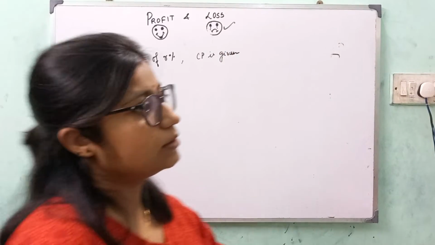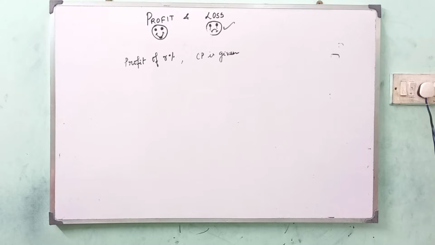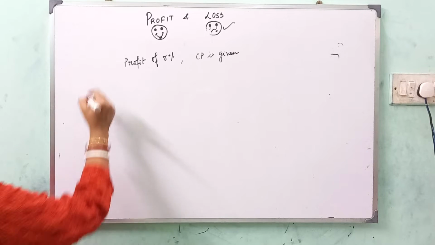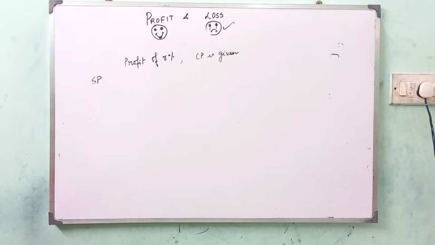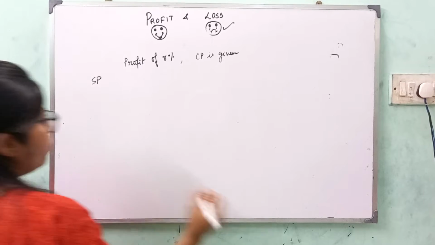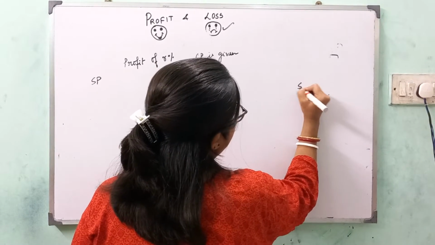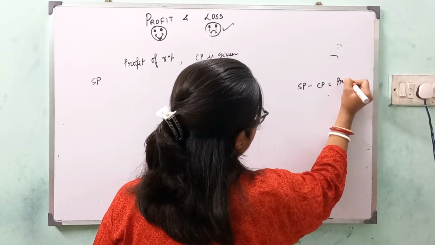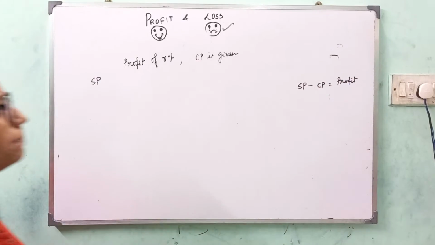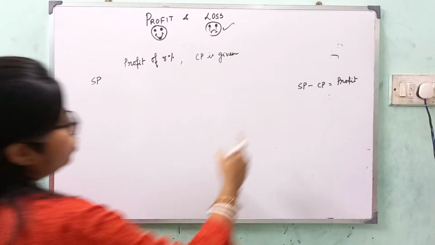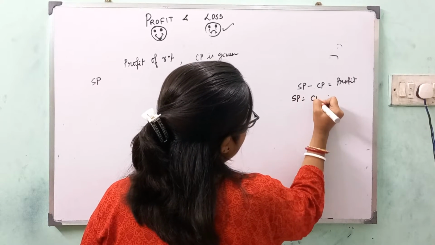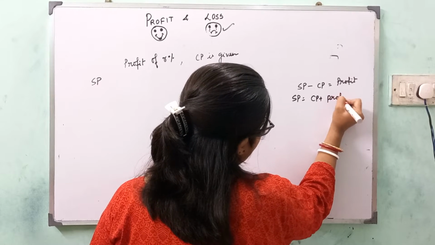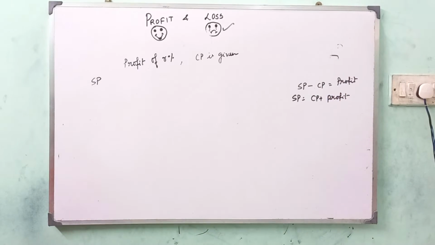It is told that in a transaction there is a profit of R percentage and the CP is given to you. So how do you calculate the SP from there? We have just seen that SP minus CP is your profit. Alright. So what is your SP? SP will be CP plus profit. SP is CP plus profit.